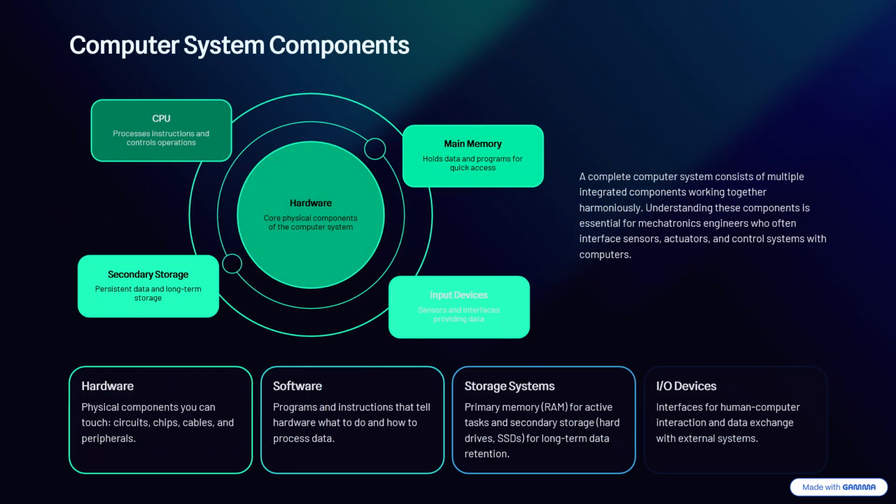So let's talk about the computer system components. First of all, we talk about the hardware of the computer, the physical part you can touch, like chips, cables, and screens, or we can say the mouse and keyboard.